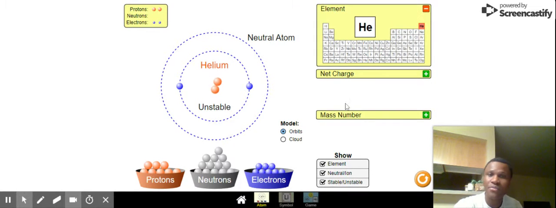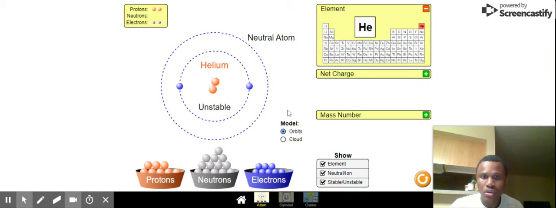So if I do have 2 protons, it means that's atomic number 2. So atomic number is the position of the atom on the periodic table. And you should not forget that the electrons have to balance the charge of the proton.